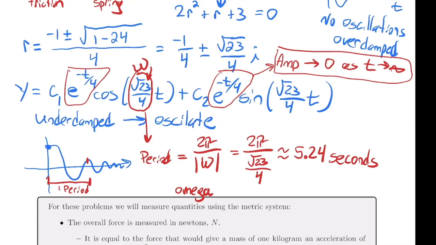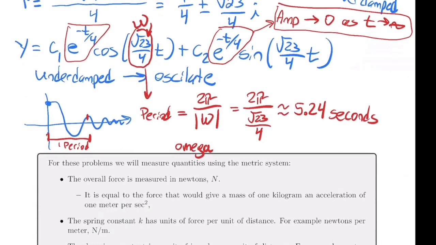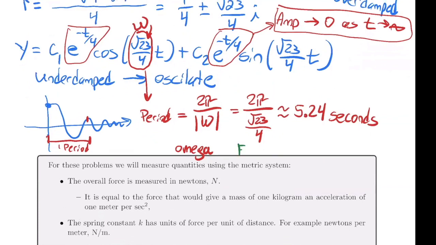And some terms that you might have seen in the textbook: the frequency, which is 1 over the period, which in this case would be 1 divided by the 5.24 seconds. And that winds up being about 0.19.